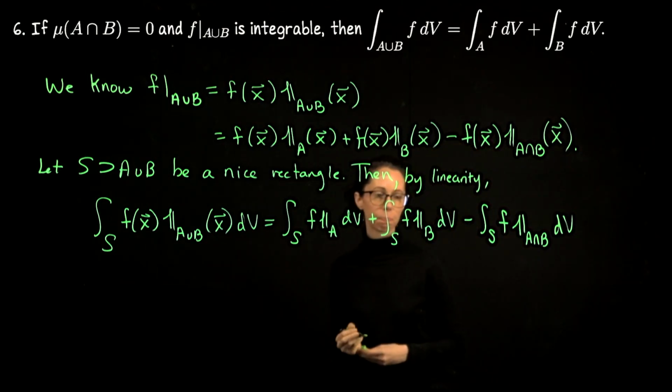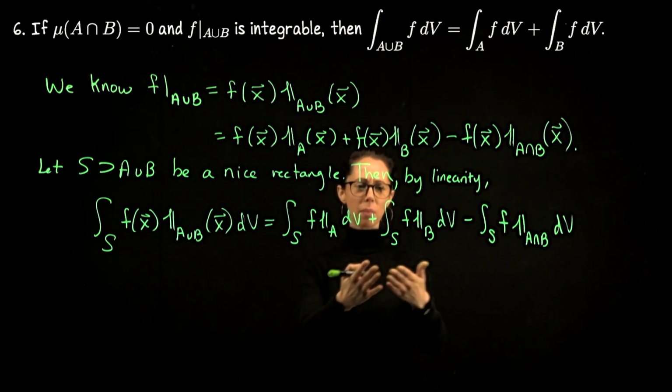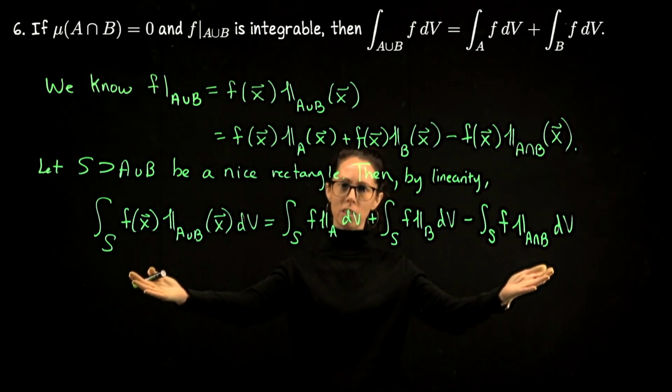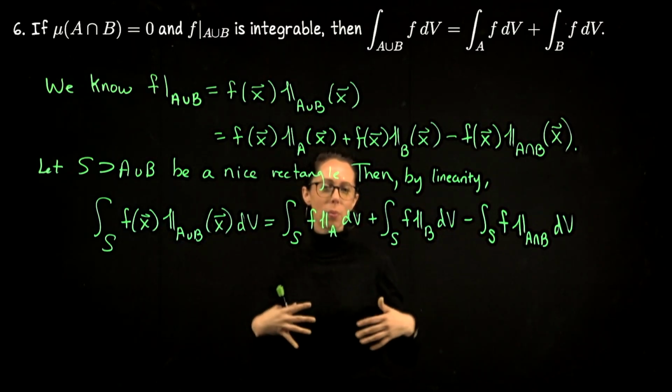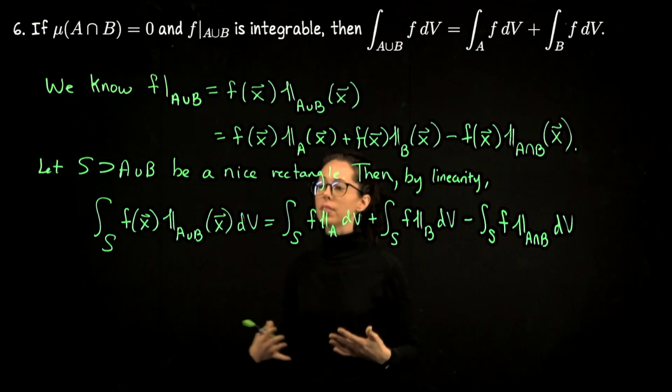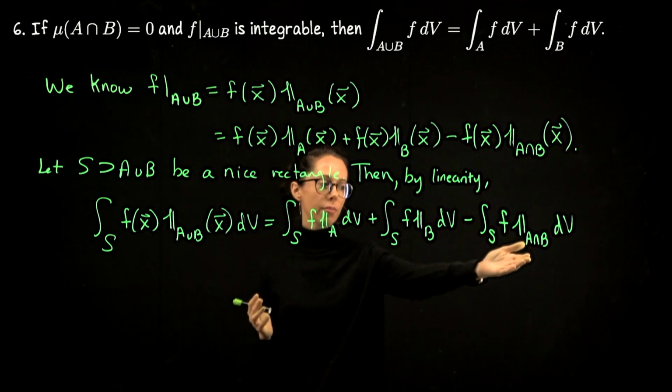This is, again, setting up an integral which is consistent with respect to the domain of integration, but really integrating over S, each of these products is how we define the integrals of, say, f restricted to the union, f restricted to A, f restricted to B, and f restricted to the intersection.